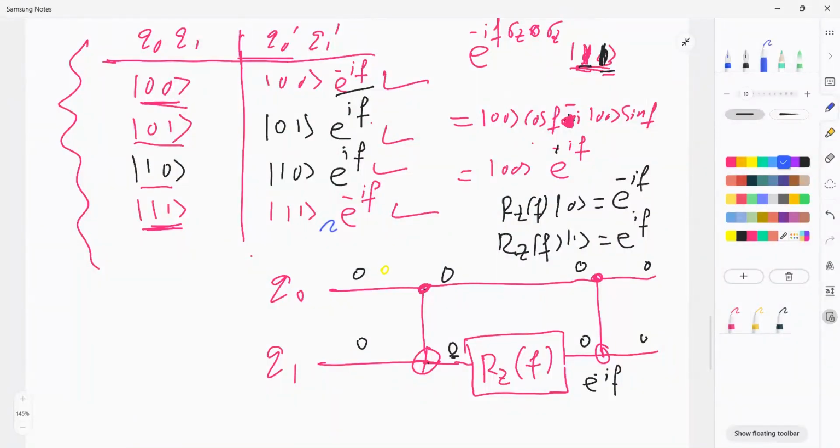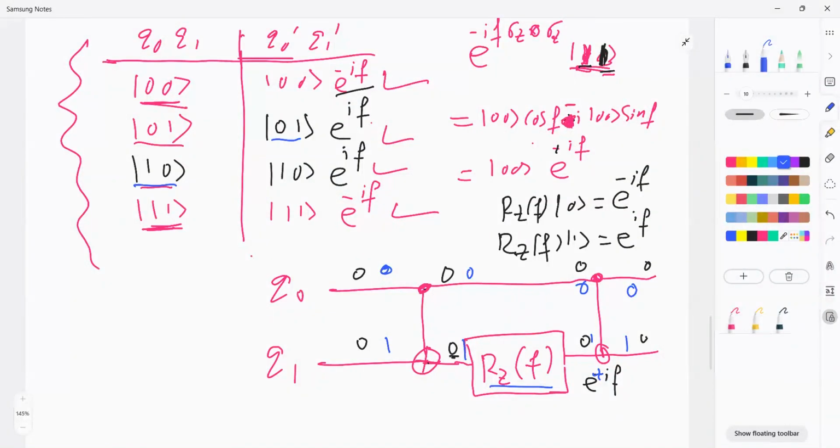Now, if the input is 0 1, what happened? This is 0 and this is 1. And because this is 1, the RZ gate will give a phase with plus sign but keep the state as 0 1. And the 0 1 goes over here. So 0 1 remains 0 1, and I'll get a positive phase.